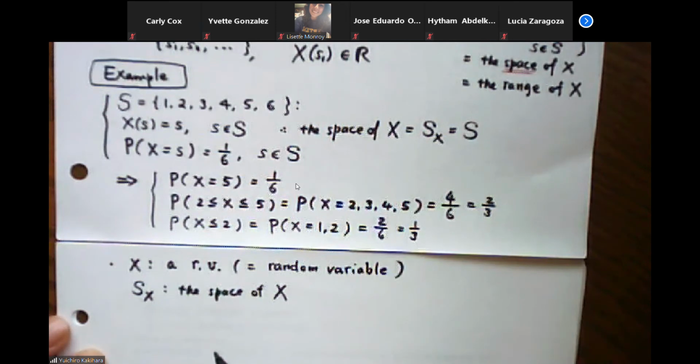And then for any subset of S sub X, we can attach a probability. So the probability that X is in the subset A of S sub X is given.